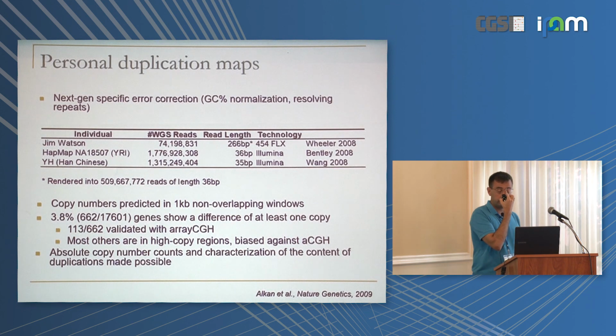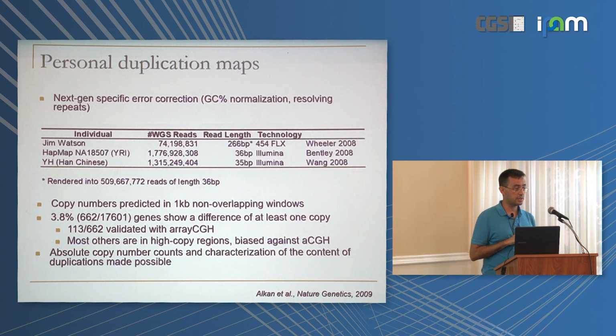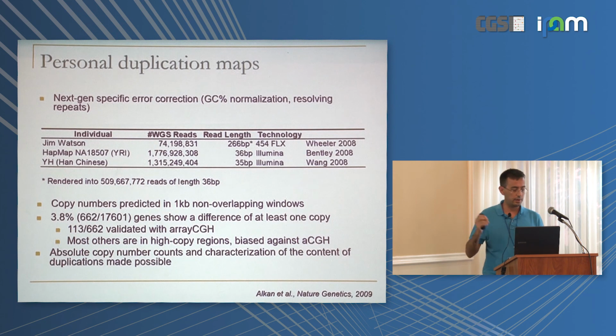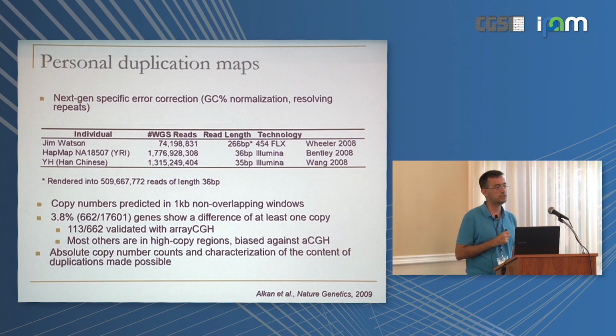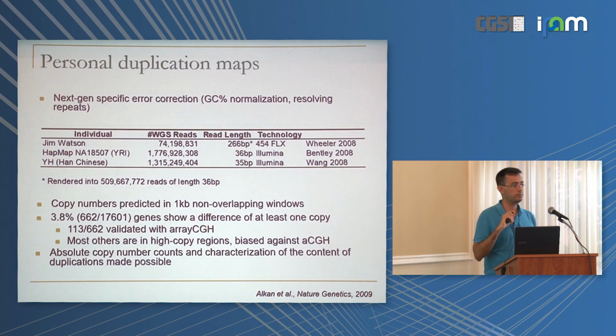So what we first did was to discover the segmental duplications in those genomes. So we applied some next generation sequencing GC error correction, GC normalization, based on the lowess smoothing technique. And we also removed the common repeats from consideration.